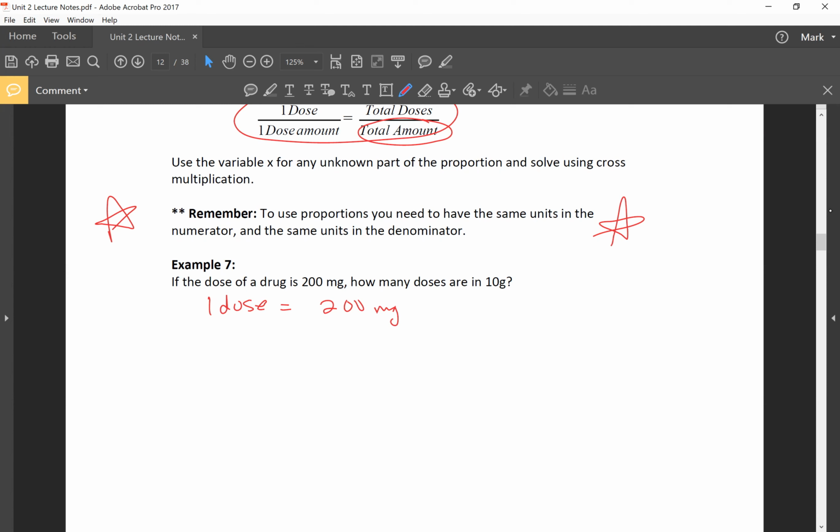The problem with this is I have milligrams and I'm trying to find out how much is in 10 grams. So the first thing I need to do is convert my milligrams to grams. That's a very, very important part.